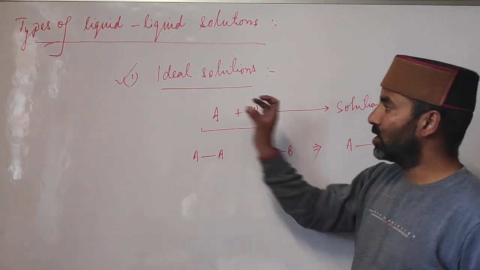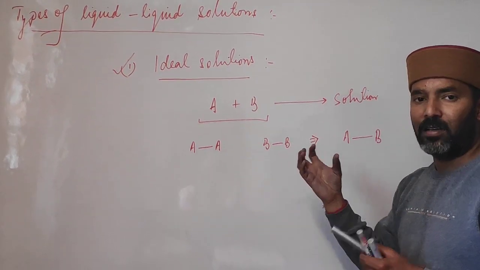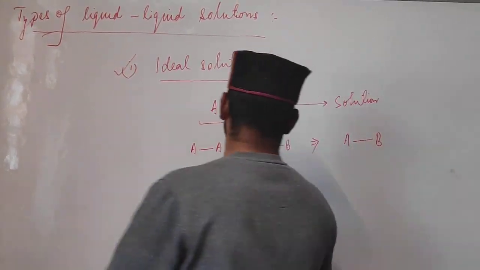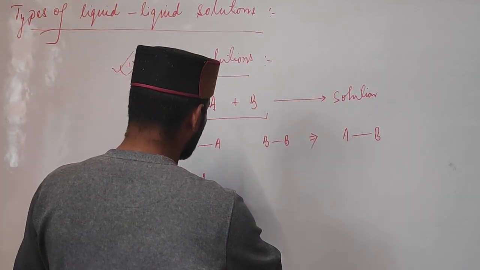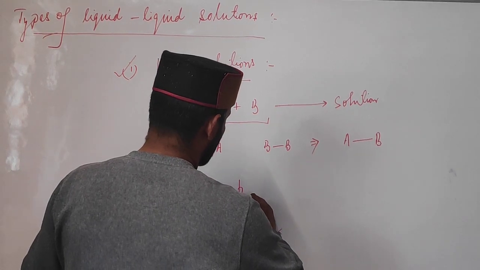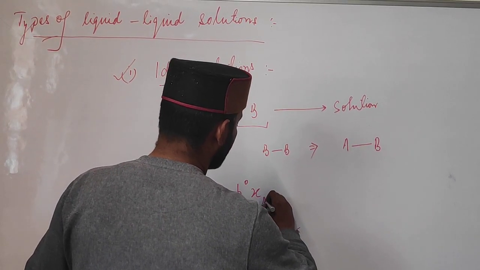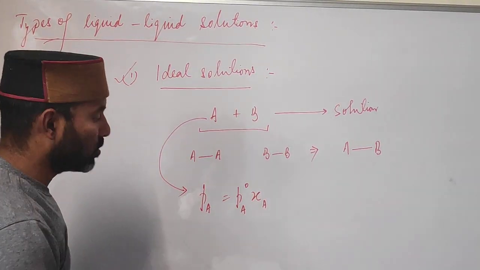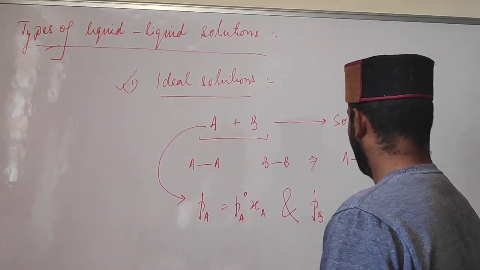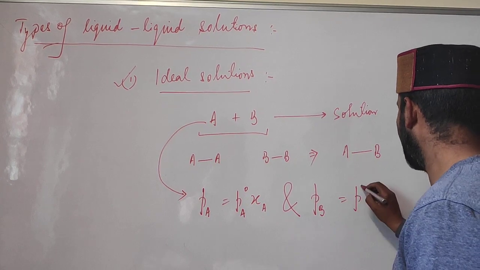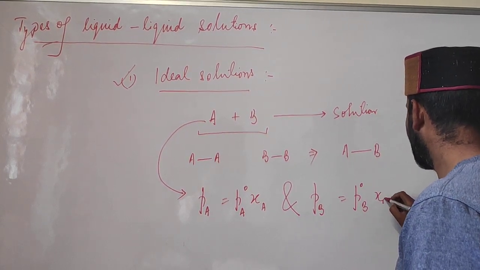Now students, since ideal solutions obey Raoult's law, therefore the partial pressure of A in that solution will be P naught A XA, because Raoult's law is obeyed, and therefore partial pressure of B will be what? It will be P naught B into XB.